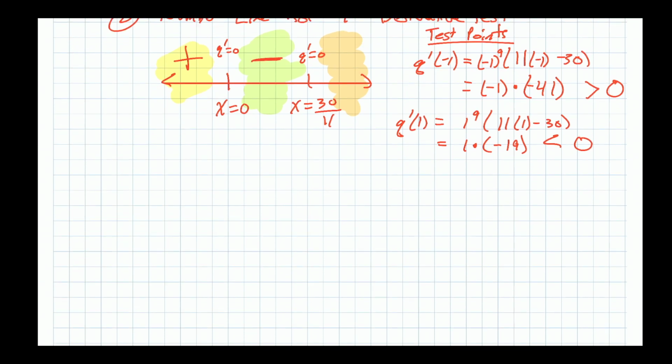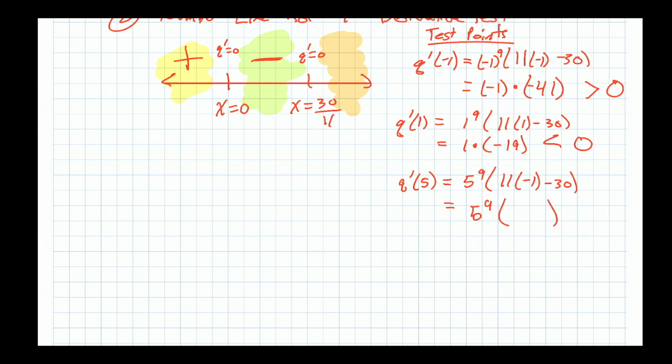Then we need the third interval. Third interval is on the other side of 30 over 11. Now again, 30 over 11 is about 3. Definitely not 4. So I'm going to go ahead and use Q prime of 5. That's in the third interval. So 5 to the 9th, times 11 times 5 minus 30. 5 to the 9th, I don't know what that is, I'll just leave it 5 to the 9th.